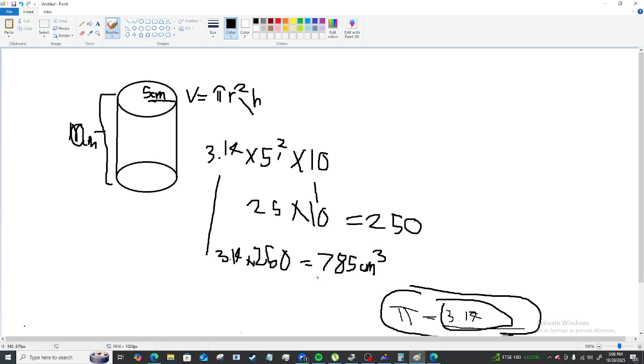Don't forget the cube sign. This is our answer here. Now let's move on to the next shape.